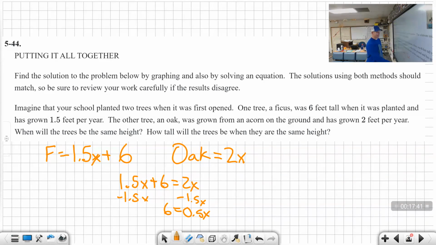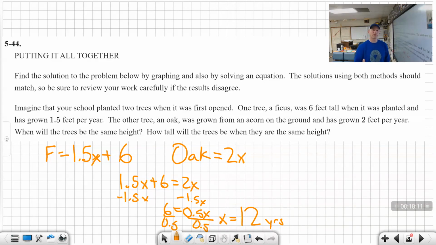If we're regrouping with half, remember, this says half of a number is 6. Half of what number is 6? The other way that you can do this is divide by 0.5. Divide by 0.5 on a calculator. When you do this, you're going to get x equals 12 years.